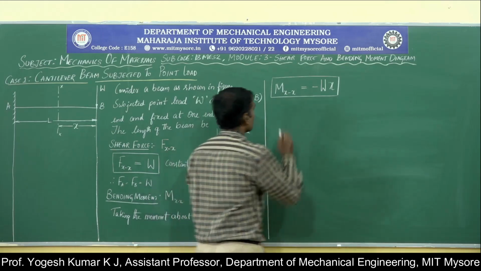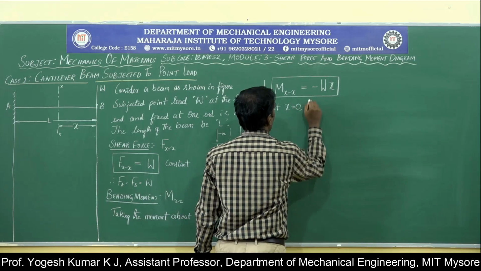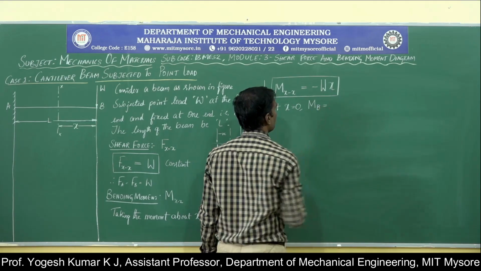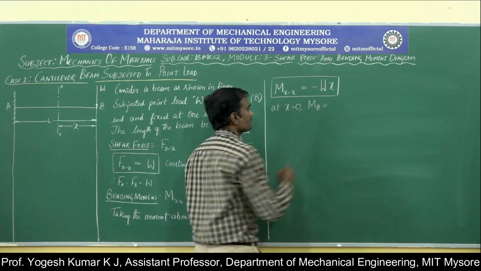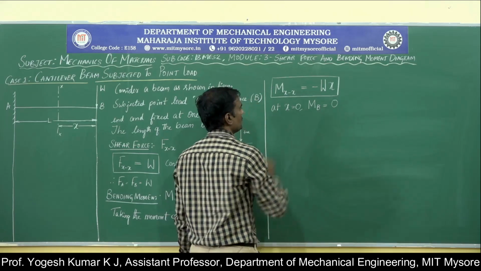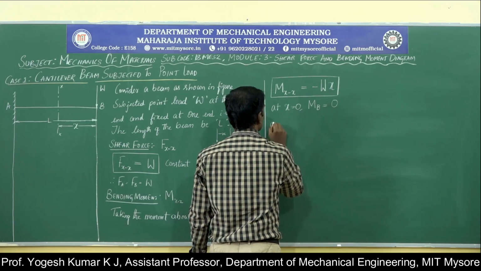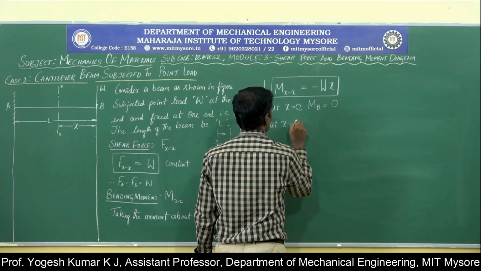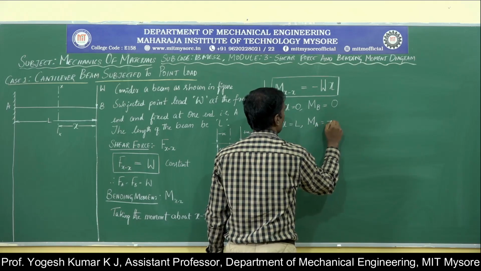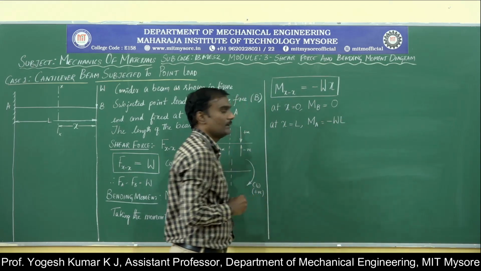At x equal to 0, I will be at the point B. So what happens to the bending moment at point B? This becomes 0, because put x equal to 0 over here, something into 0 is 0. Now at x equal to L, I will be at location A and its value becomes minus WL.